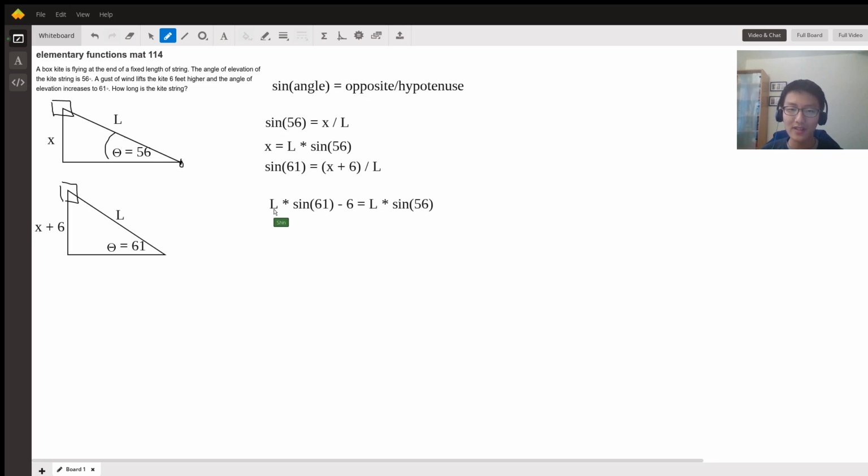All right, so if you want to solve for L, we're going to bring all the terms with L to one side of the equation and all the terms that do not have an L to the other side, and then we can factor it out. So I'm going to subtract this to here and add the 6 to there.